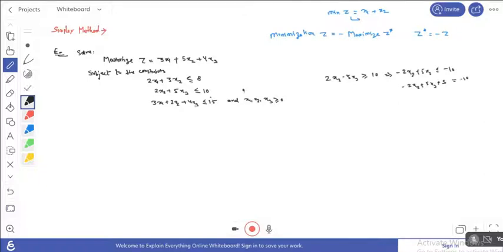For the initial basic solution, putting x2 and x3 as 0 implies s equals minus 10, which is less than 0. This doesn't satisfy our slack variable condition, because the slack variable is always greater than or equal to 0. So there is some problem here.